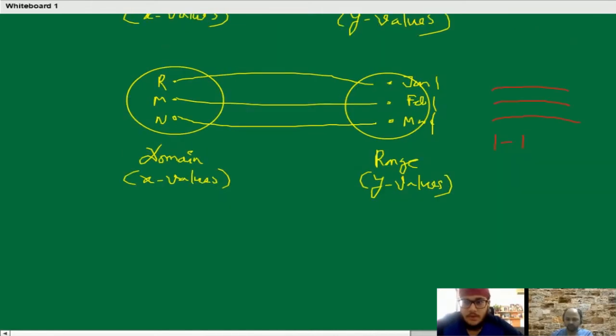Okay, let's consider one more case. Here is Ronaldo, here is Messi, here is Neymar.